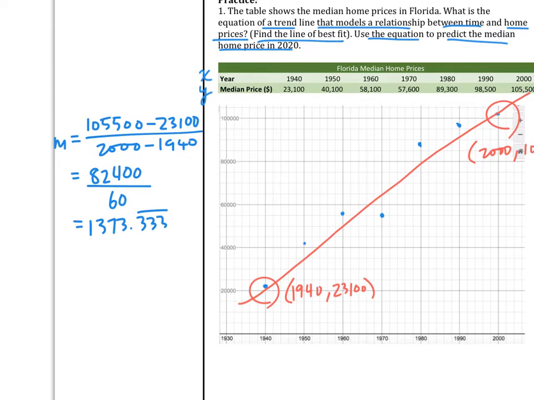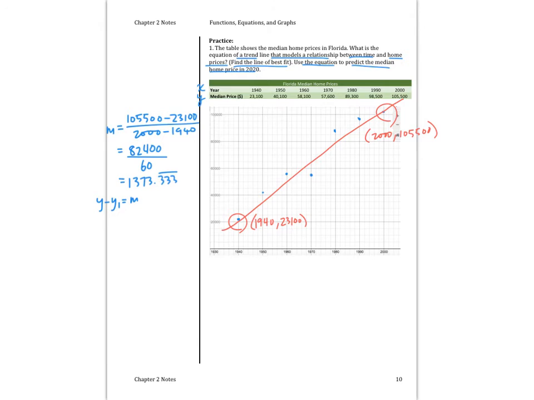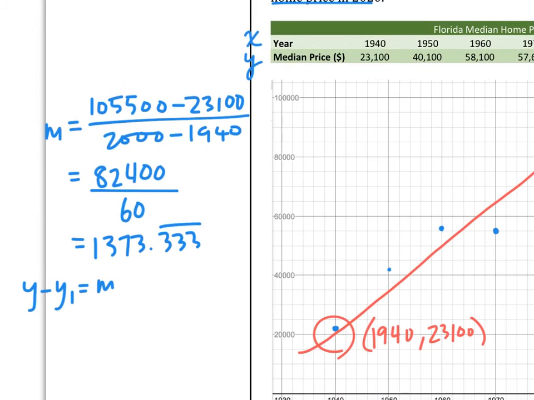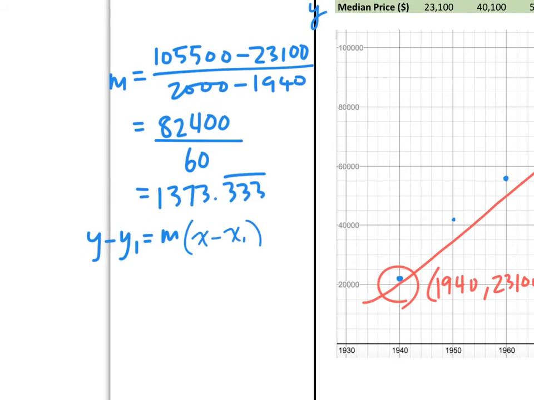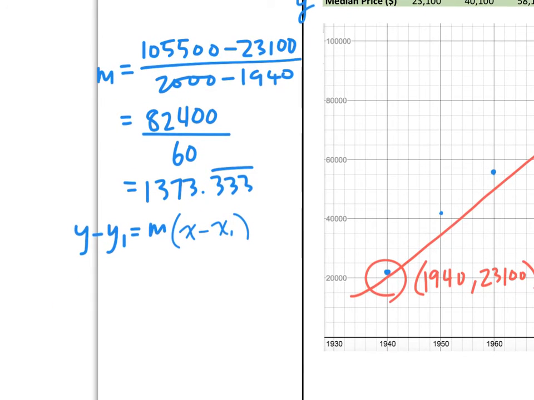Okay, now the line of best fit. So we're going to start with point slope form. All right, I'm going to pick the lower point because that just means the numbers are smaller.